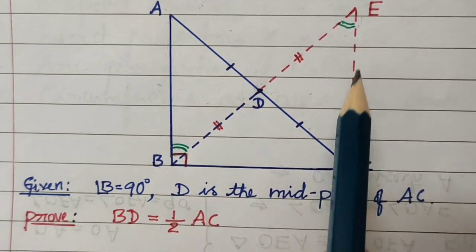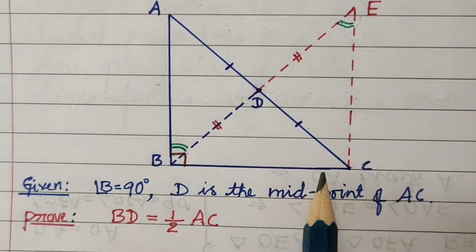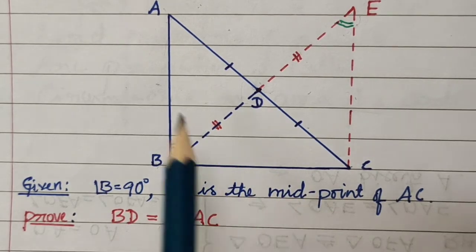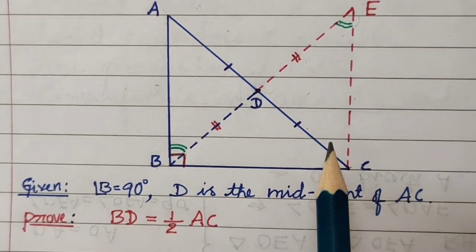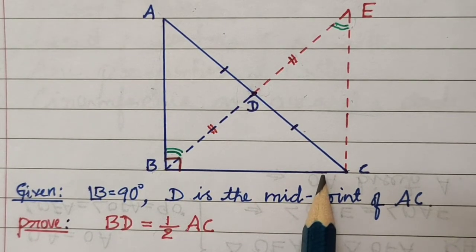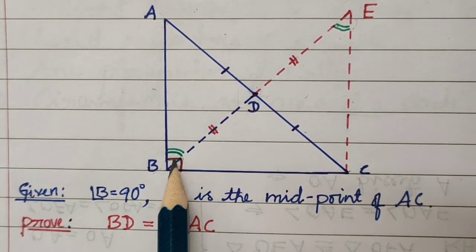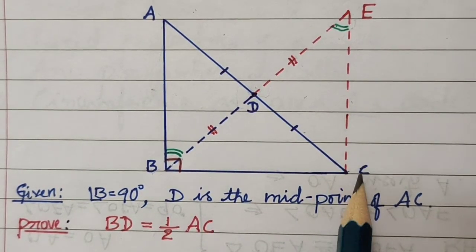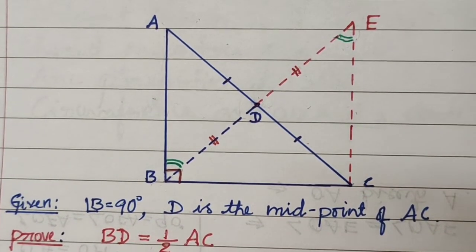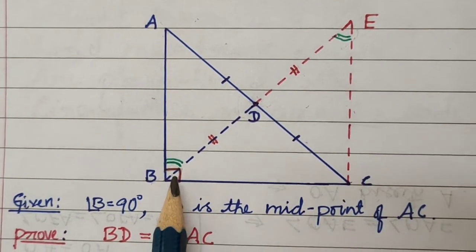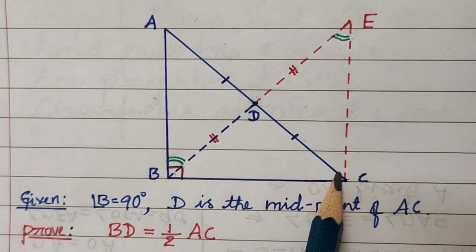This angle and this angle add up to 180, the sum of the co-interior angles, as AB is parallel to EC and BC is the transversal. We already know that this is 90 degrees. This plus this is 180 degrees.